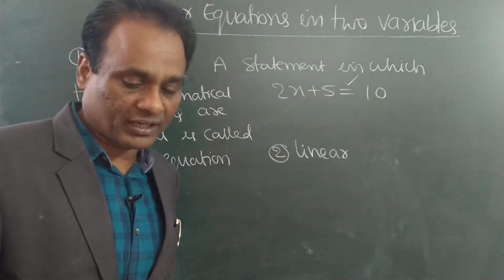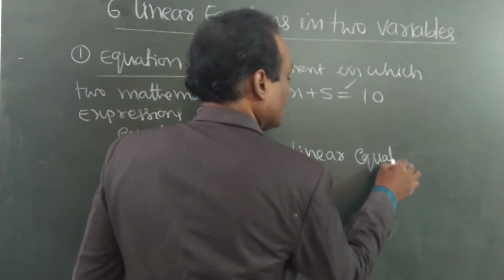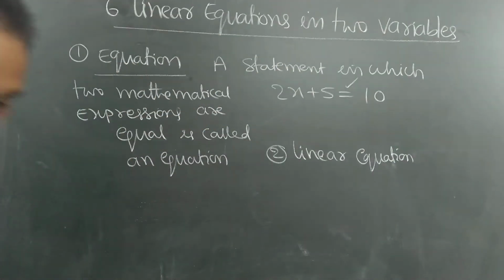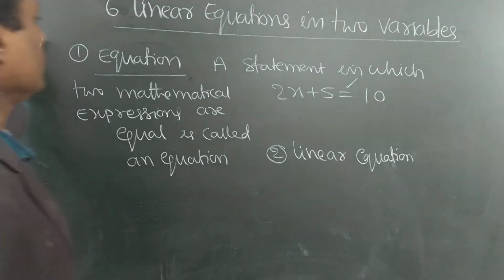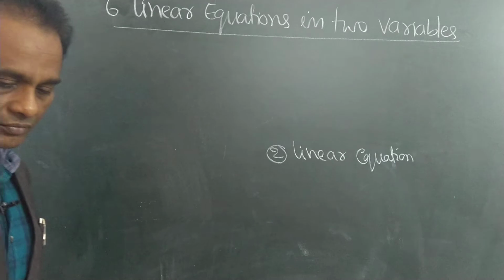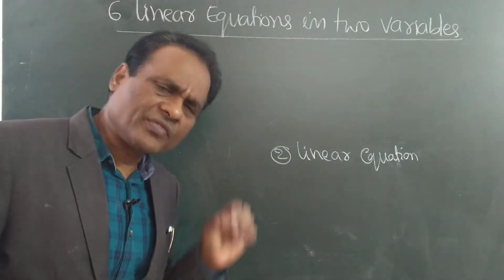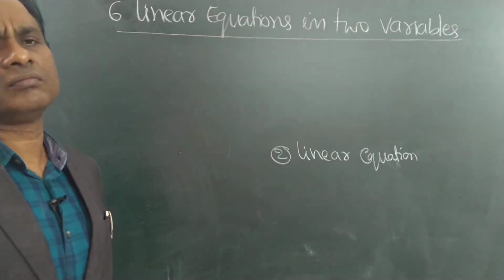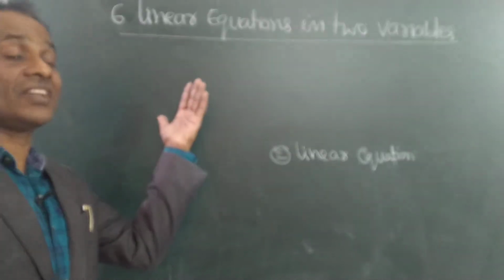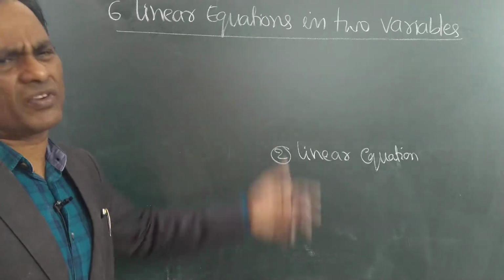Write down the second point. Linear equation. If the degree of the equation is 1, what is degree again? I already gave the definition of degree in the second chapter, polynomials. Degree means the x power.